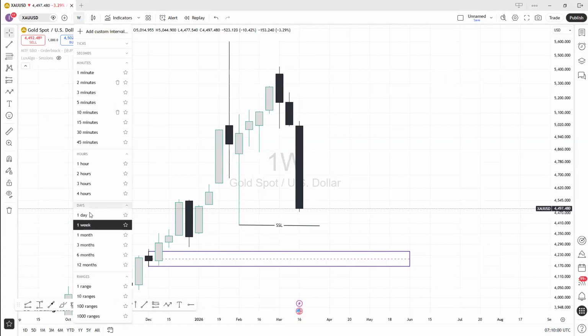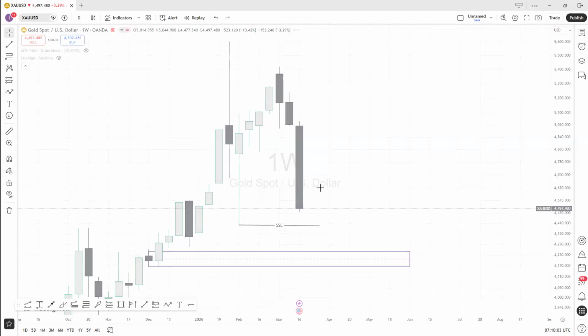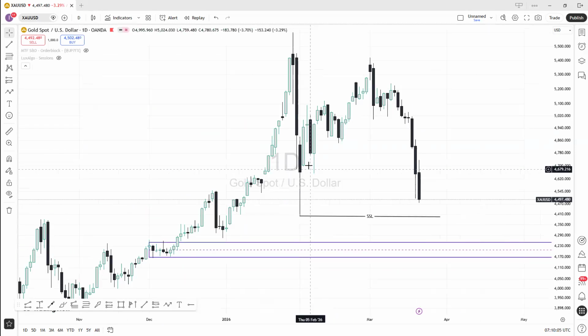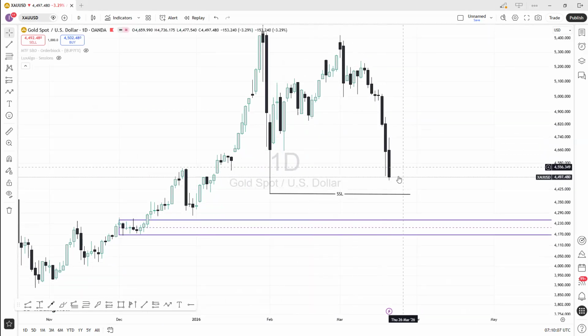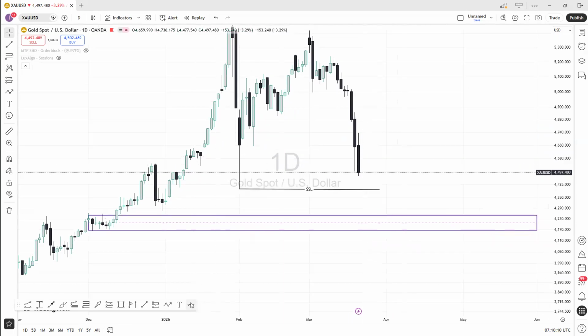Okay. On the daily time frame, we have market structure. You can see last Friday's candle closed bearish. So let us put the Friday candle range.